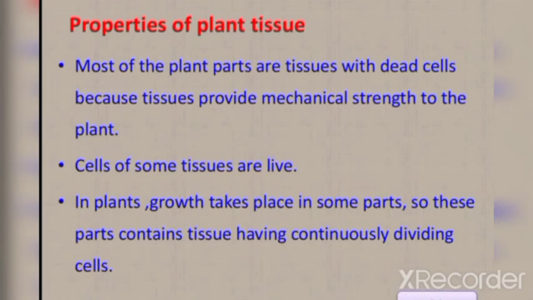In plants, growth takes place in some parts, so these parts contain tissue having continuously dividing cells.